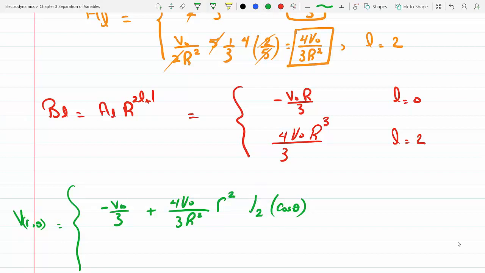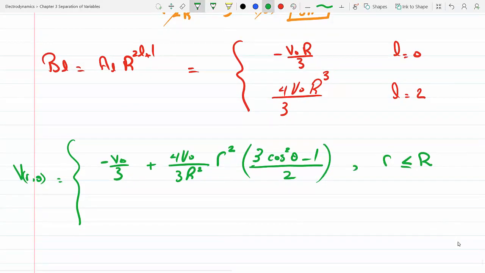So let me actually write it as such. This second term here is multiplied by 3 cosine squared theta minus 1 over 2. Okay, so this is the potential inside, for r less than or equal to R.